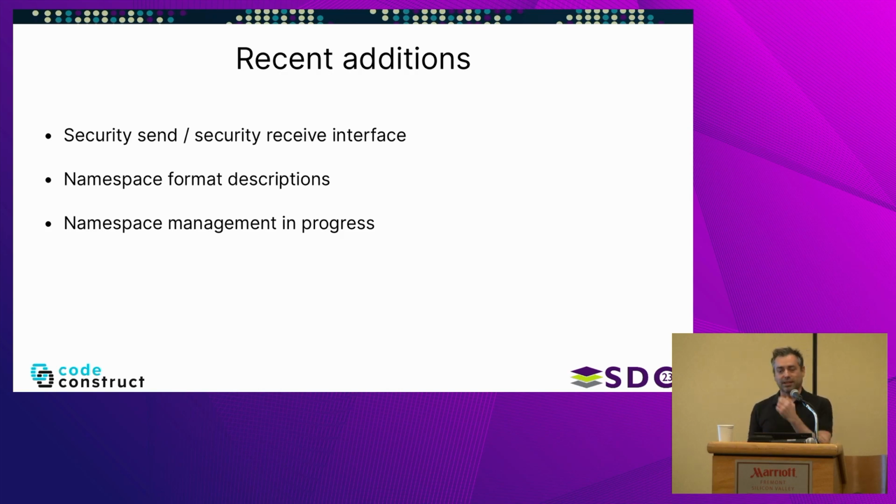Those are now present in the Swordfish spec. We've also been tweaking how we manage namespaces through the Swordfish interface, making sure we can describe things like the LBA formats and having a facility to create and manage namespaces under the NVMe REST hierarchy.